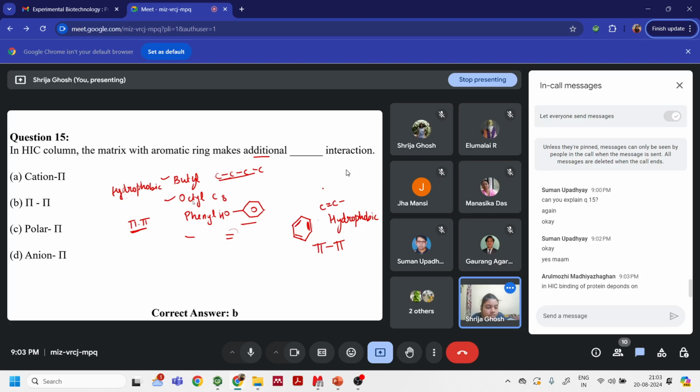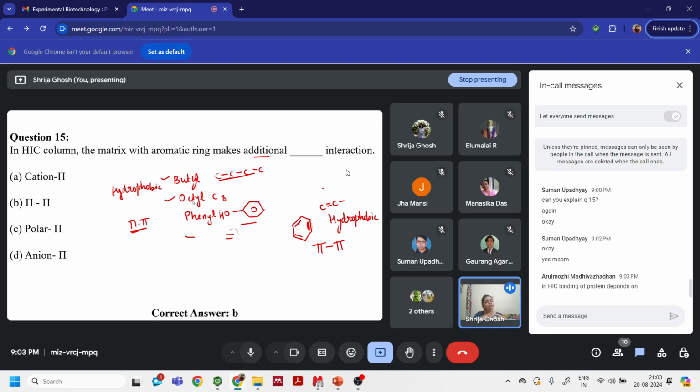In HIC, binding of protein depends on the hydrophobicity. That's what I explained, right? So the protein will have a hydrophobic, like, see, you know, there are 20 general amino acids, right? So some amino acids are hydrophilic, some amino acids are hydrophobic.